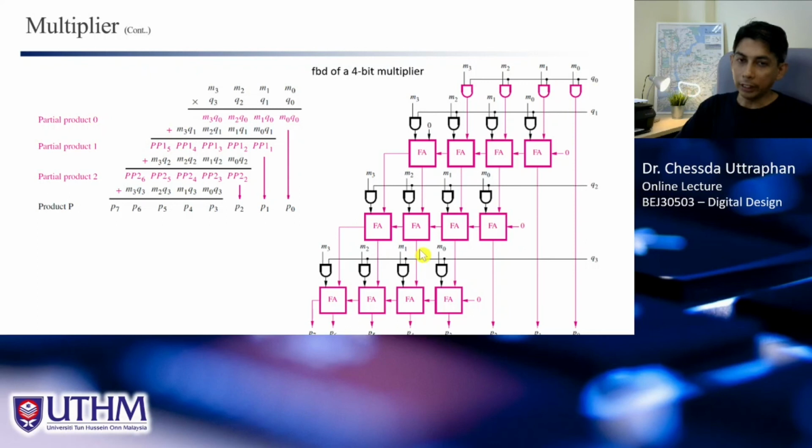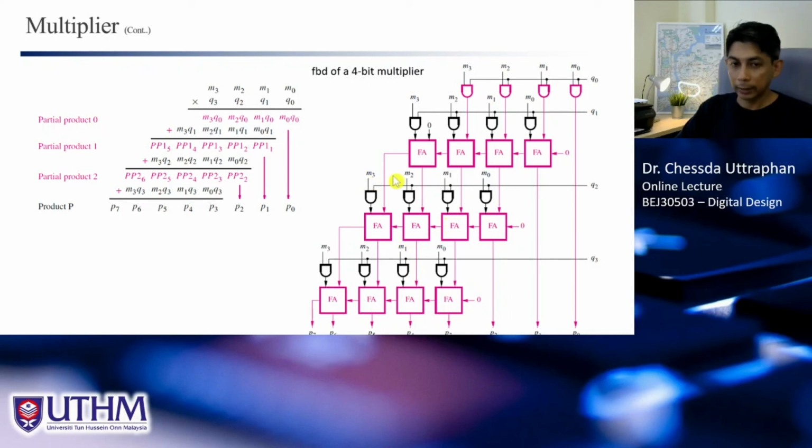But for 4-bit multiplication, we need 12 adders, and also we need the AND gates as well. So we can conclude that multiplier is much more costly and expensive as compared to adder.